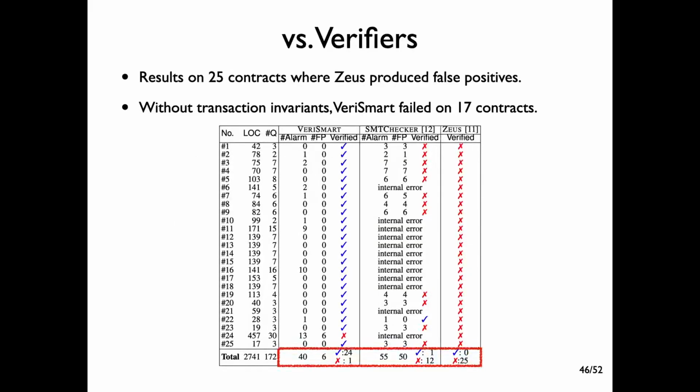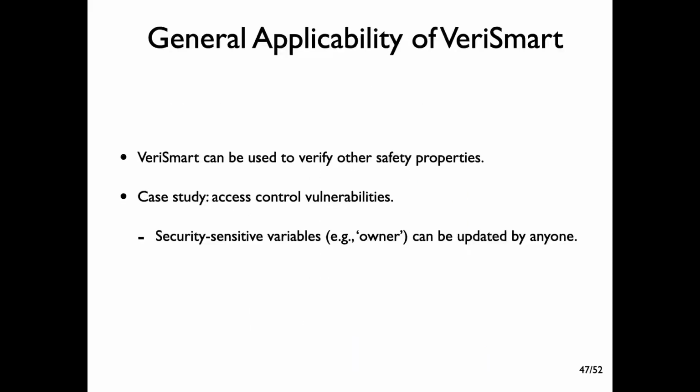On 25 contracts where Zeus produced false positives, VeriSmart produced false positives on 1 contract, and the Ascent Tracker produced false positives on 12 contracts. In this experiment, we again observed the importance of leveraging transaction invariants. Specifically, without transaction invariants, VeriSmart produced false positives on 17 contracts.